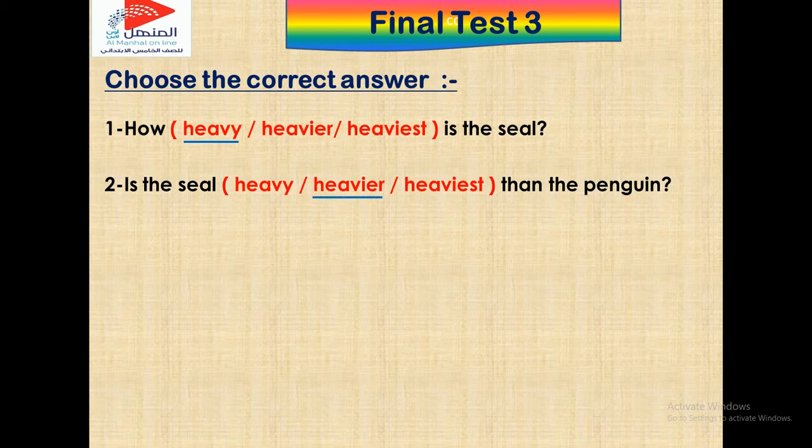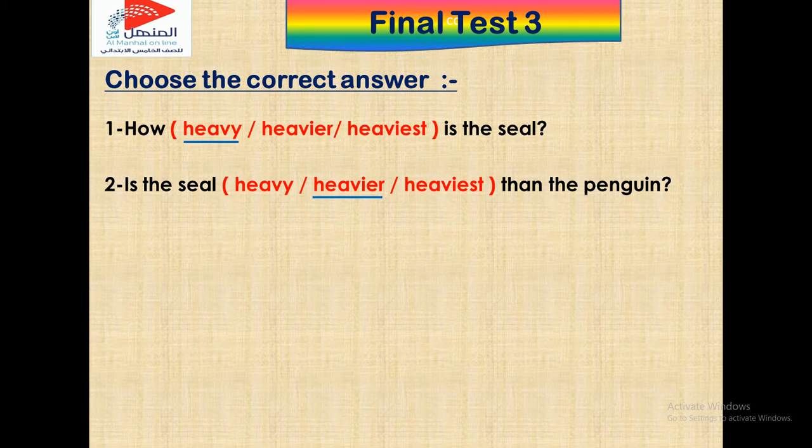And there is a keyword that can help you find the correct answer to know that this is a comparison. You'll find than, for example, like that. So you can say, is the seal heavier than the penguin? Or you can ask a question like that, which is heavier? Which is heavier, the seal or the penguin? So you can use than, or you can make a question without than.